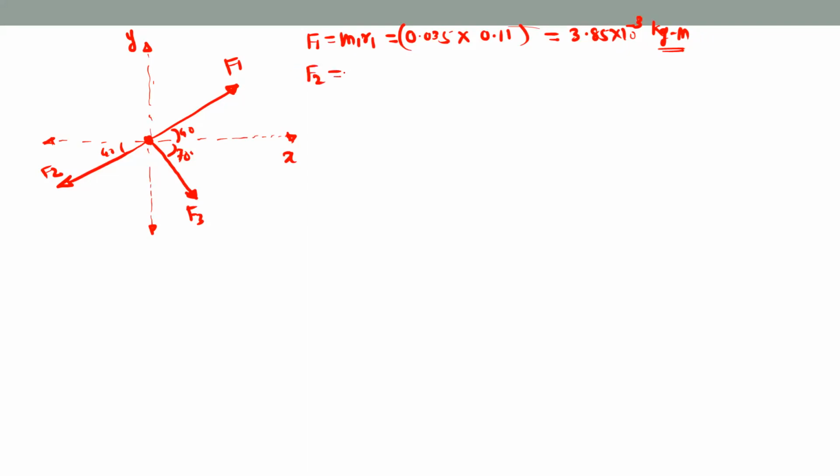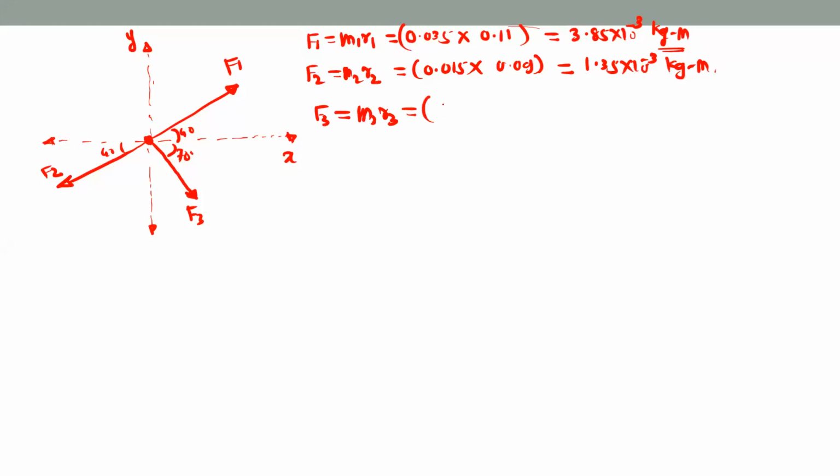Then F2 is equal to M2 into R2. So this is equal to 0.015, that is 15 gram, into 0.09, that is 90 millimeter. So this is equal to 1.35 into 10 raised to minus 3 kg meter. And force F3 is equal to M3 into R3.